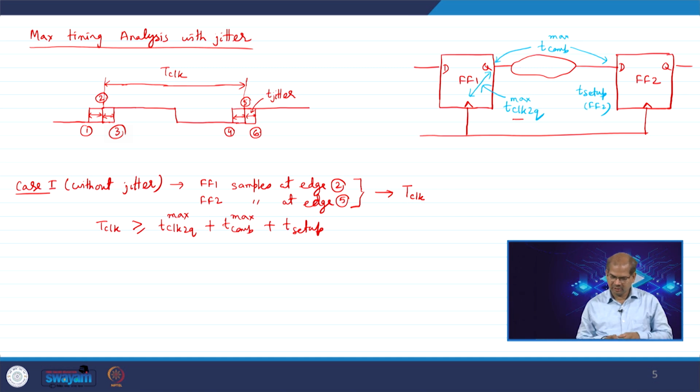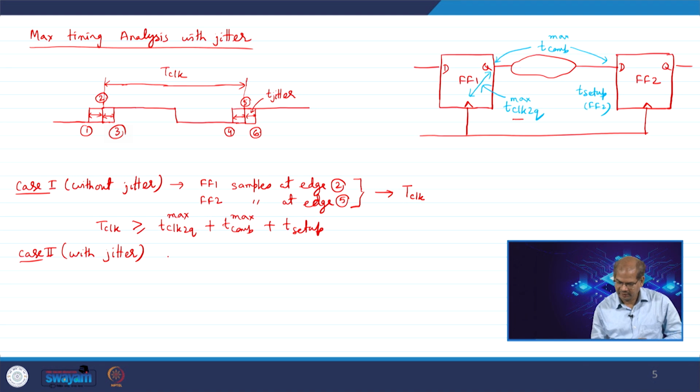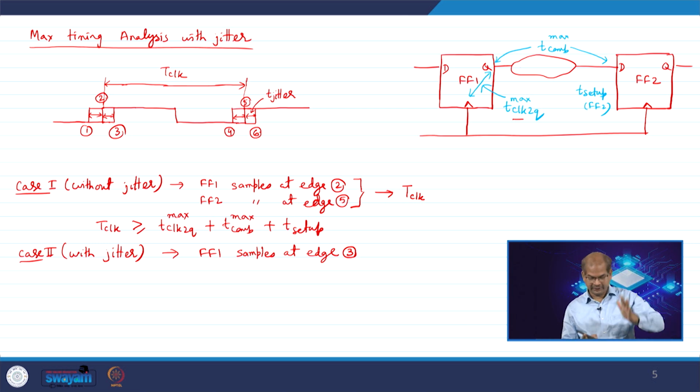Now, let's consider the jitter, case 2, with jitter. We need to consider the worst case. In the worst case, flip flop 1 will sample at edge 3. It samples late and launches late.